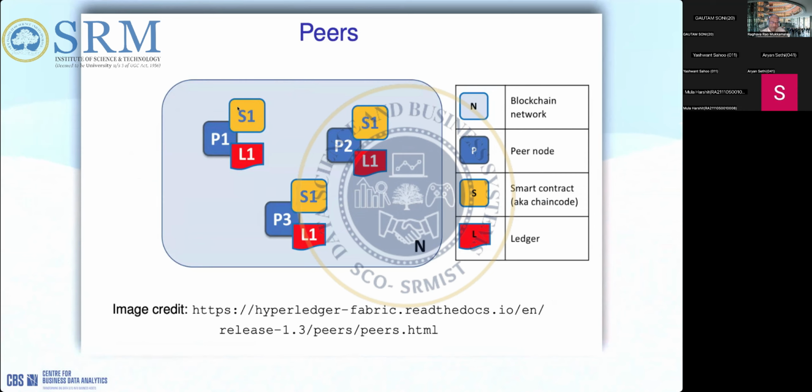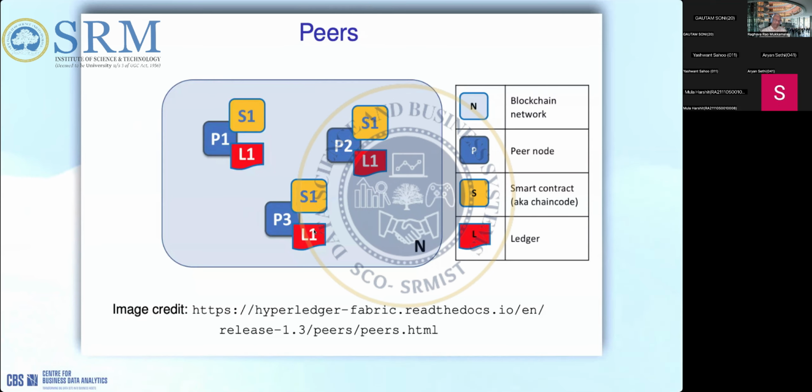Here you have the smart contract installed on all the peers. This is similar to Ethereum. When you deploy a smart contract, it is put onto the network, and all the nodes, the miners who do the mining, receive this smart contract and have a copy of it. Similarly here, you have the nodes, the peers, and the peers will have the smart contract, and then you have a ledger, right?